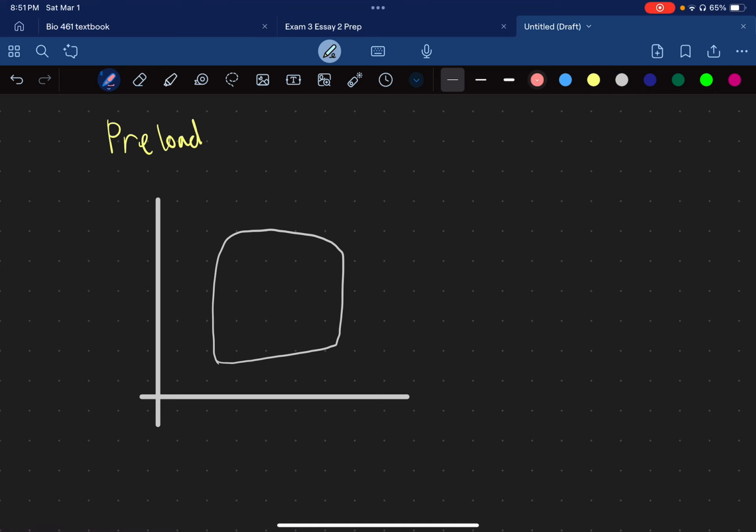It's pretty bad, but and then we'll draw two examples. So in the red example, we're going to have decreased preload.